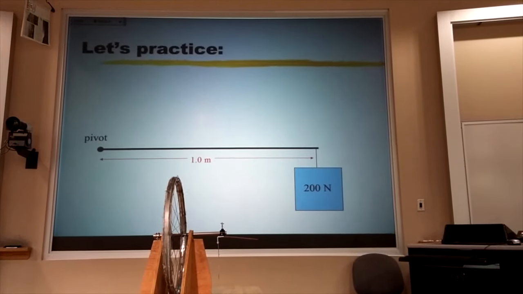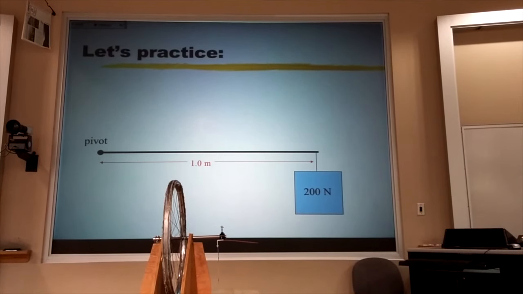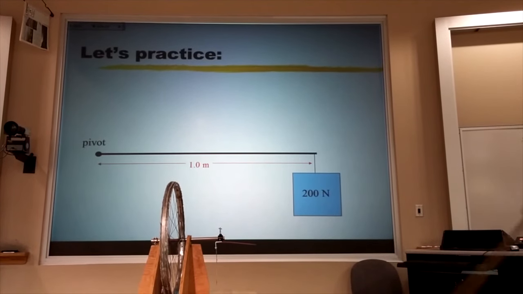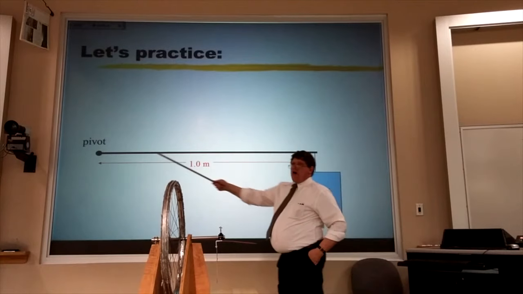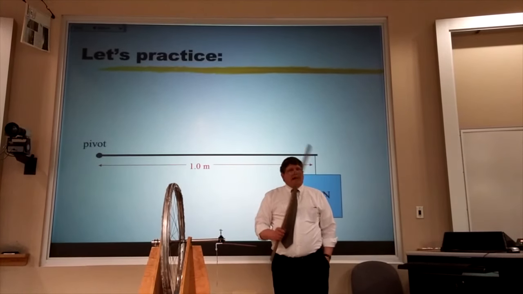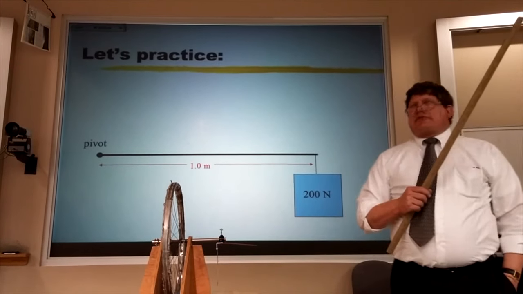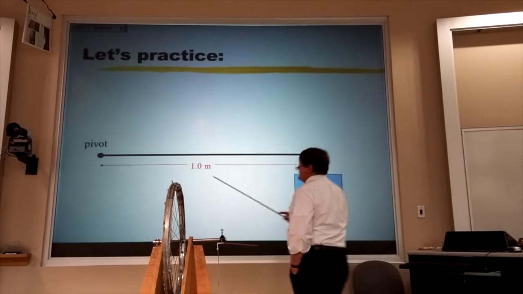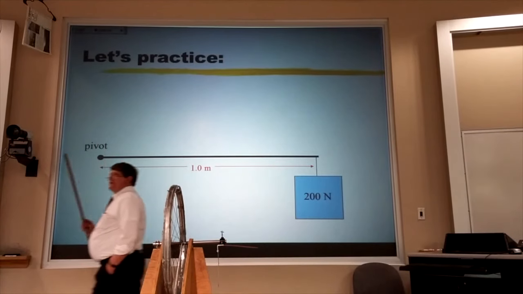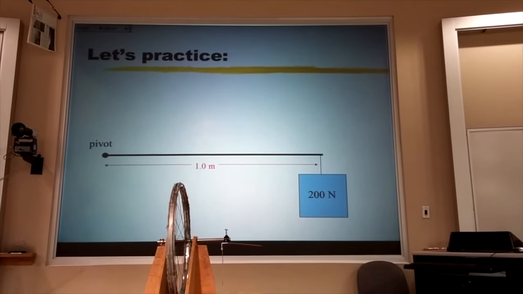Now, here's where we practice so that we can solve problems. Suppose I have a rod that is very strong, but very light. It's made of graphite epoxy. We can neglect the mass of it. And we have it pivoted with a pivot that has no friction.